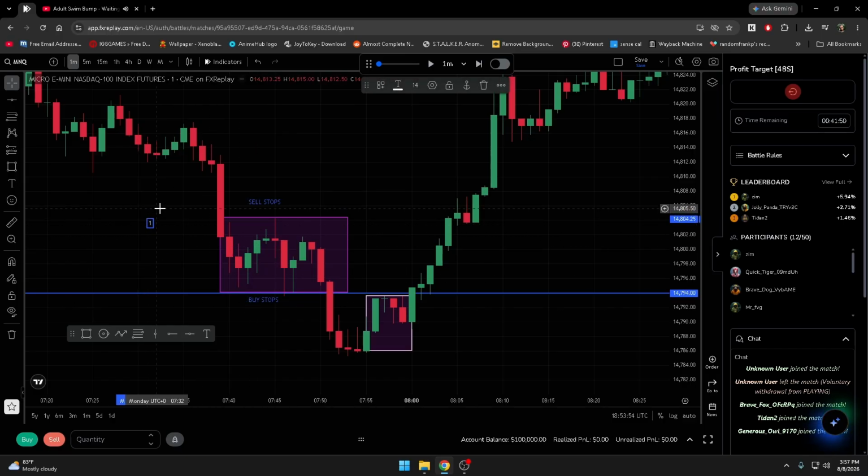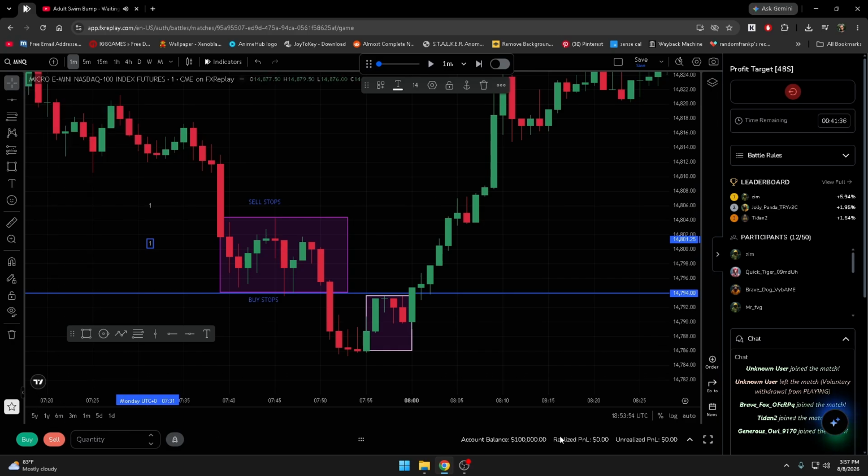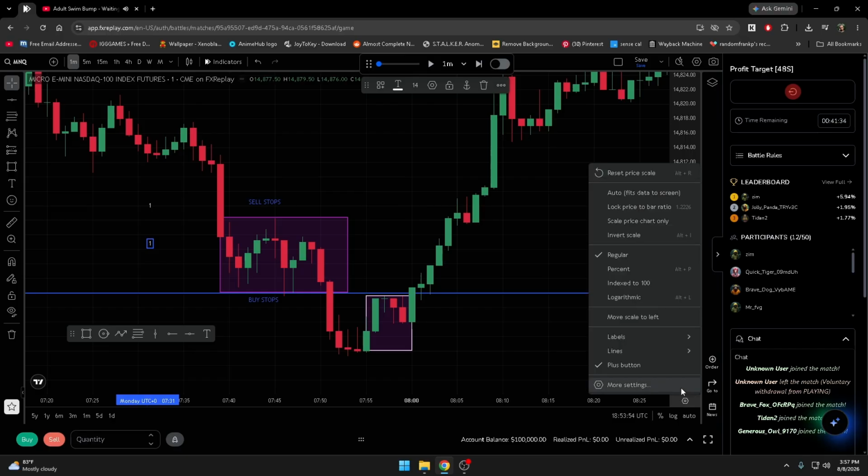I'm gonna copy this too, that way I can paste it. Alright, great. I gotta turn snap off as well. Where's my setting?